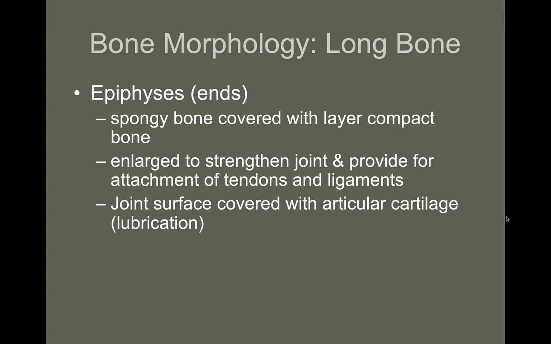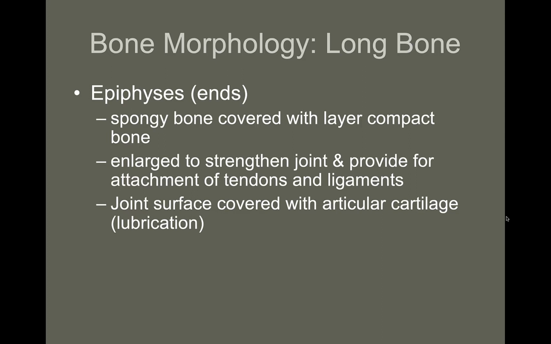So if we talk about a long bone, we can say that on that long bone we have an epiphysis, or 2 epiphyses. These are the ends of our long bone. They have spongy bone that is composed of trabeculae, or these beams of bone that withstand stress, and they're covered with a layer of compact bone, so really thick bone.